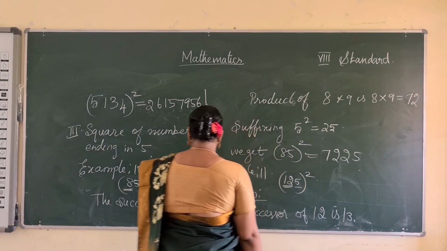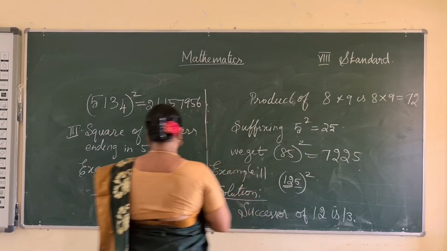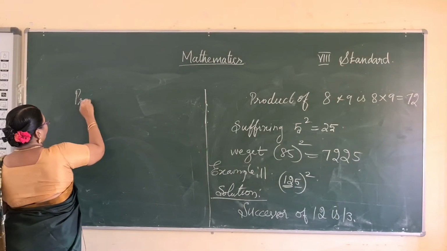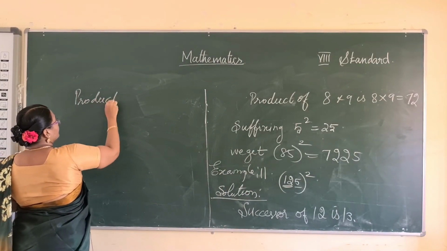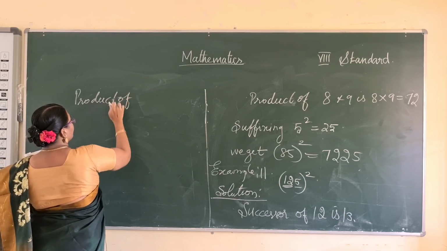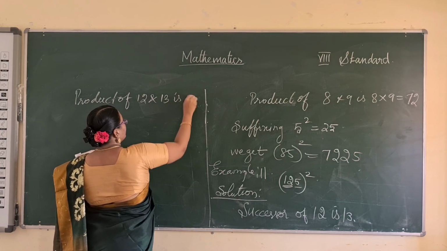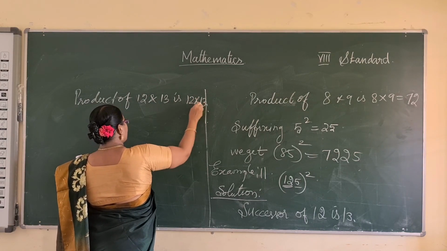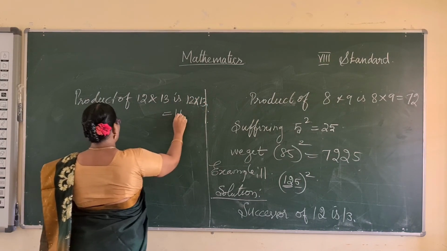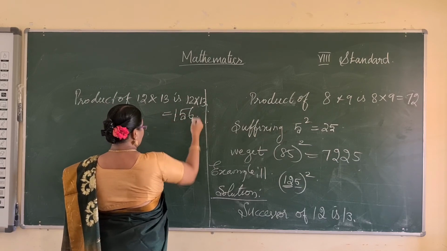Successor of 12 is 13. So the product of 12 and 13 is 12 3s are 156.